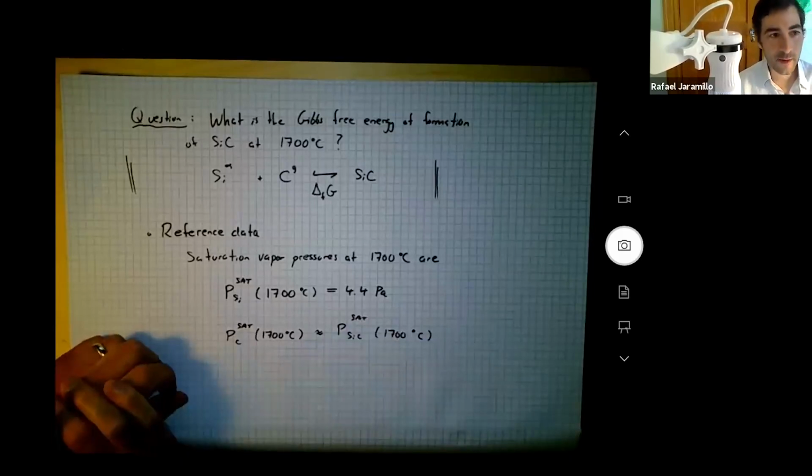What are the saturation vapor pressures of these refractory materials? Are they higher than that of silicon, or are they lower than that of silicon? Think about what you know about bonding. Think about what you know about refractory materials. Ask yourselves, what's more volatile?